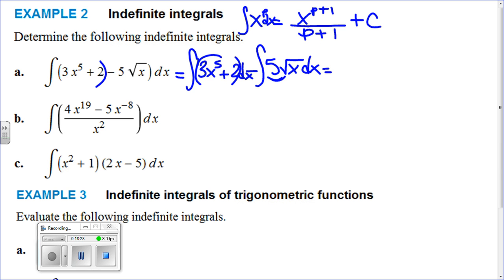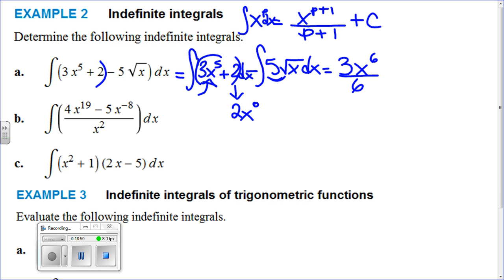Okay, so we take the integral here, and we're going to follow the power rule. We add 1 to the exponent, so it's going to be x to the power 6, and then over 6. For this constant, which is a 2, remember that it has an exponent of 0.